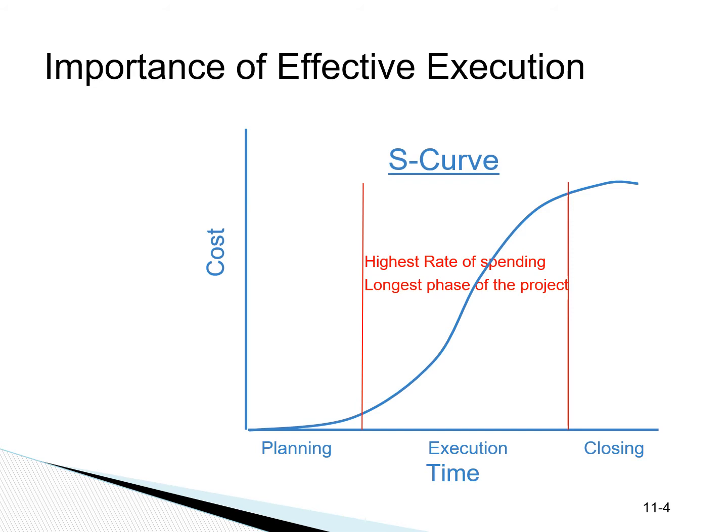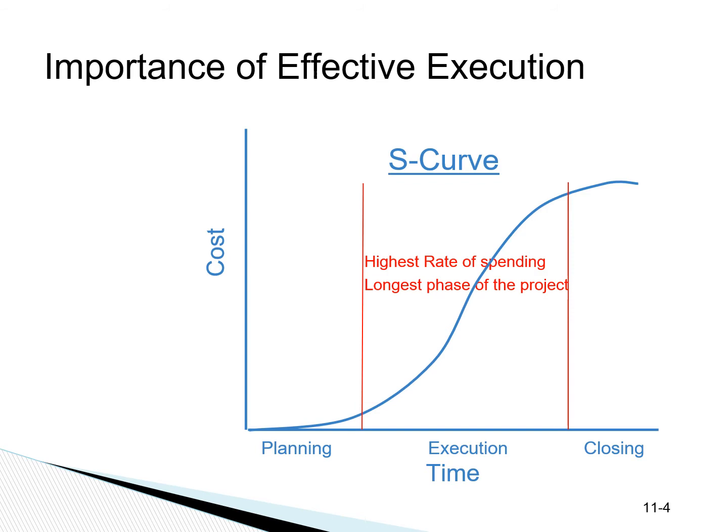To understand the importance of execution, we need to look at the S-curve. The S-curve, which is the shape of the curve, shows the cumulative cost of the project over the project life.